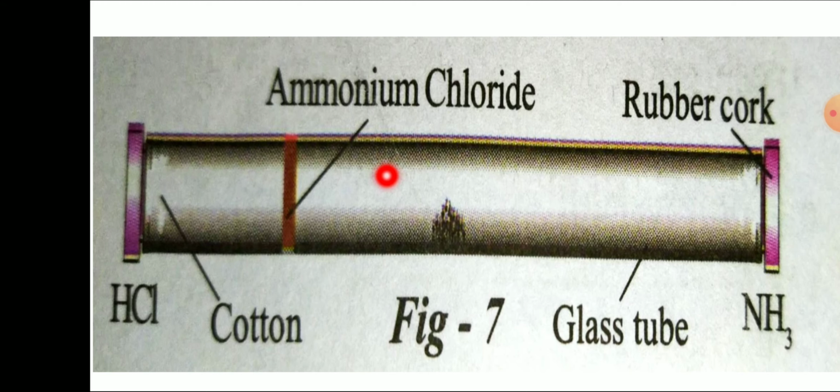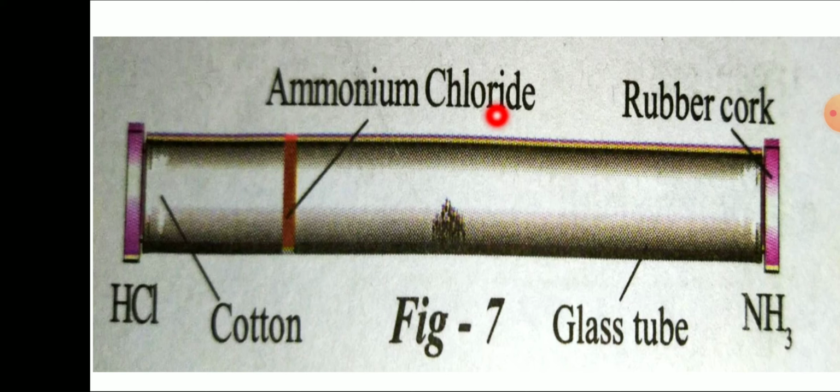That means ammonia gas traveled more distance when compared with the HCl vapors. That is what we call diffusion, which we came across in the earlier discussion. So ammonia is diffusing as well as HCl is also diffusing. As they travel and meet at a particular point, ammonium chloride formation takes place.